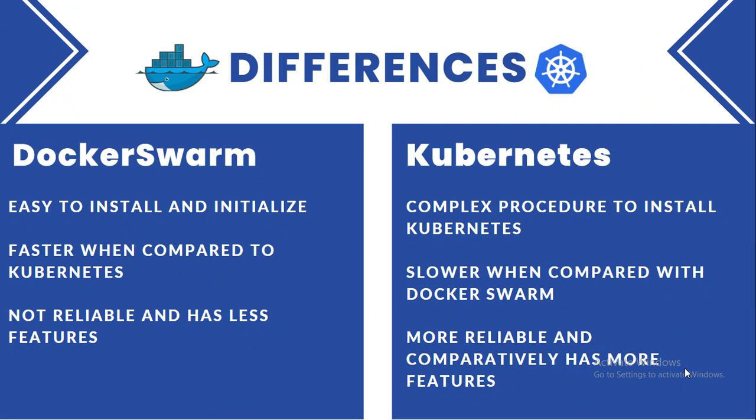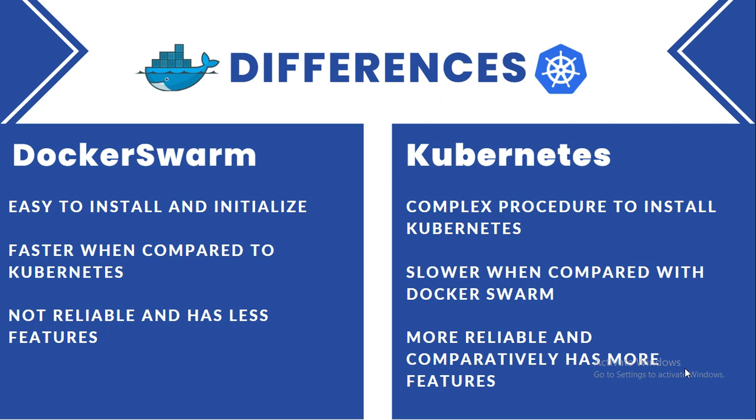We can install Docker Swarm on our instance just by giving the command sudo apt install docker -y. After that, we can initiate the container orchestration tool just by giving the command docker swarm init.